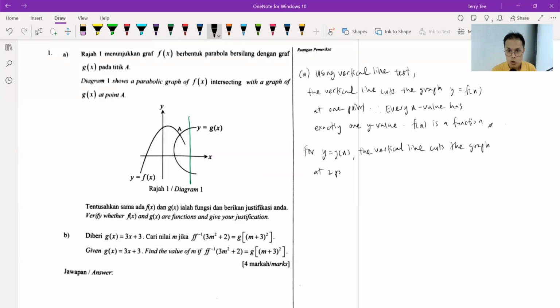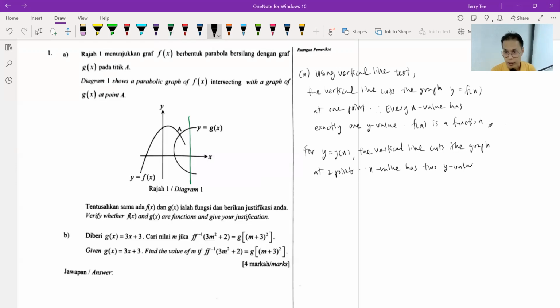So in this case, one x value has two y values.